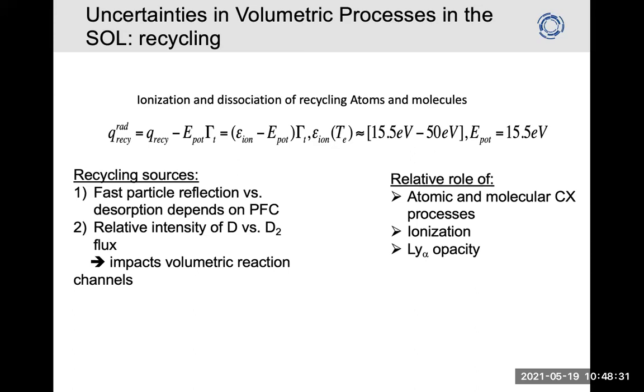How important this is, one can estimate a little bit back of the envelope, but the problem is that the density of the neutrals is not constant. In a region with a lot of plasma, the amount of neutrals will decay because they are easily ionized, so the population density decreases. In other areas, you'll have lots of neutrals, but there the emissivity is maybe lower because the electrons are also lower. And so this role isn't so important.